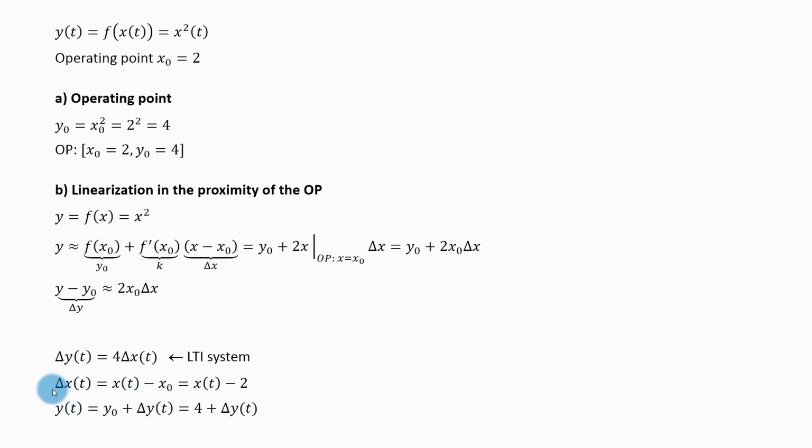That will give me that small change at the input, which I can substitute into this equation, and this equation will give me what is the small change at the output, to which I can add the value of the operating point at the output, and that will give me the output of my system. So this is the linearization of this system at this operating point.